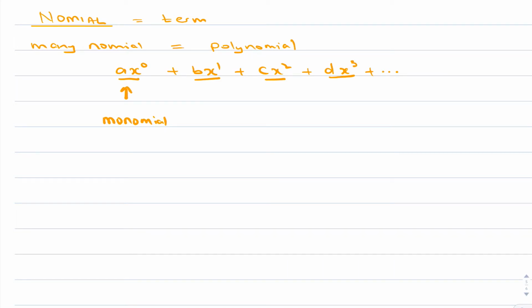And if you have 2 of them together, that will be a binomial. And if you have all 3 together like that, that will be a trinomial.